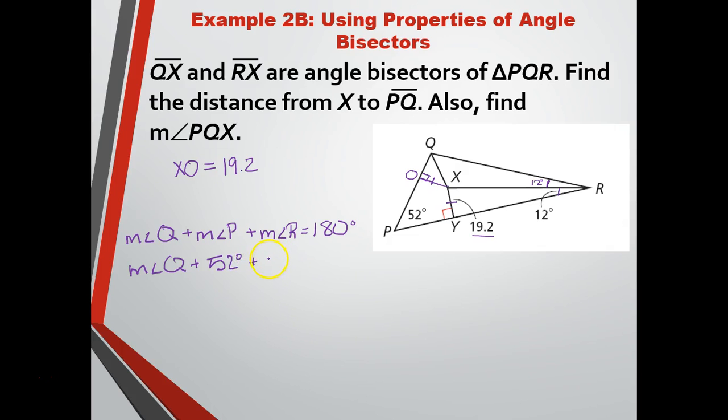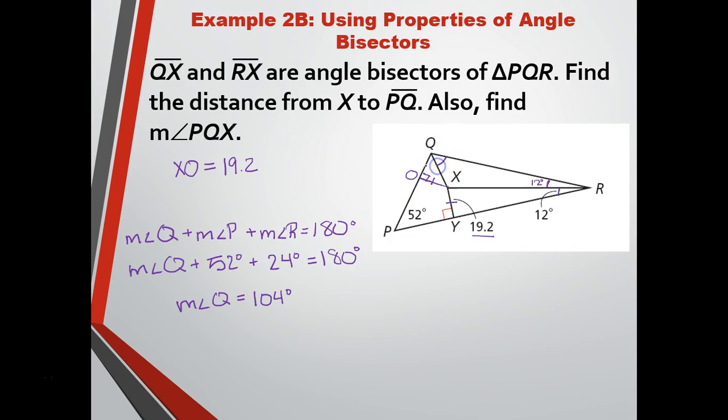And the measure of R, total of 24 degrees. And again, it's equal to 180. Now the measure of angle Q, if we subtract 52 and 24 on both sides of that equation, we get 104 degrees.